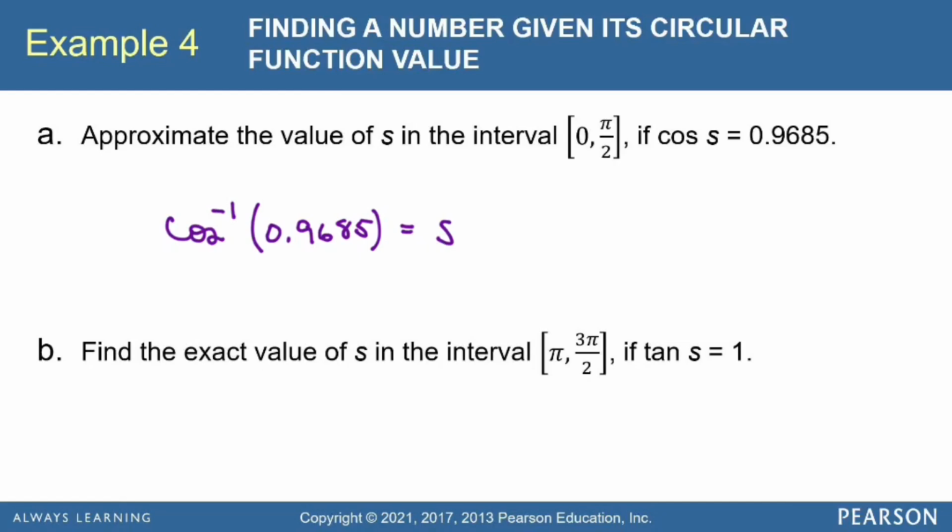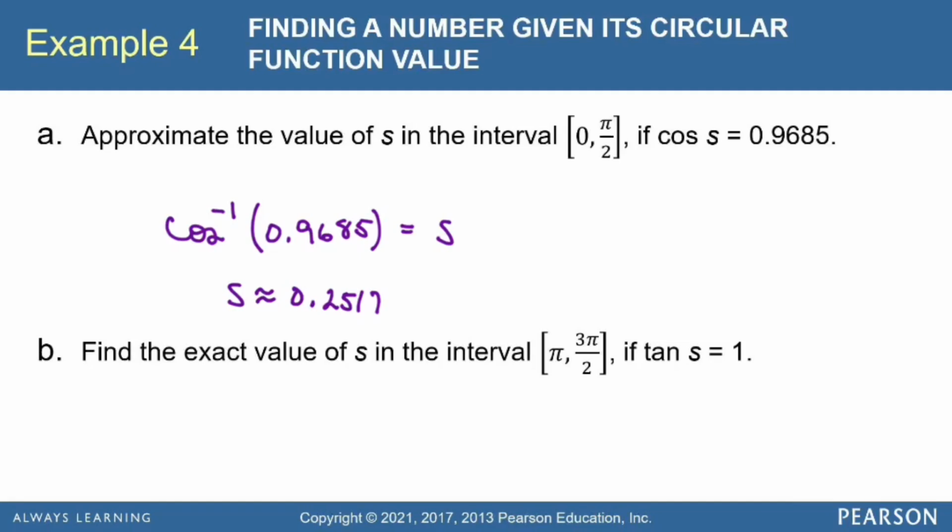And so if your calculator is set in radian mode and you enter inverse cosine of 0.9685, you'll get approximately 0.2517. If your calculator is set in degree mode and you get the answer back in degrees, then you could just multiply by pi divided by 180, and that would convert to radians for you.